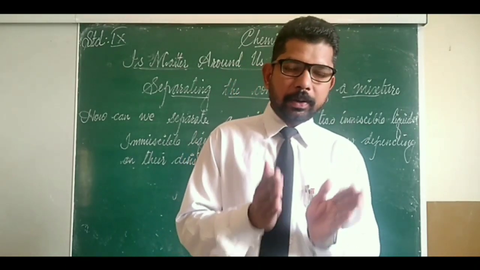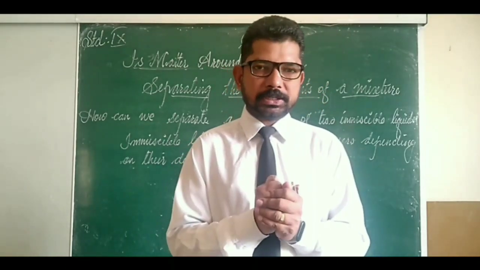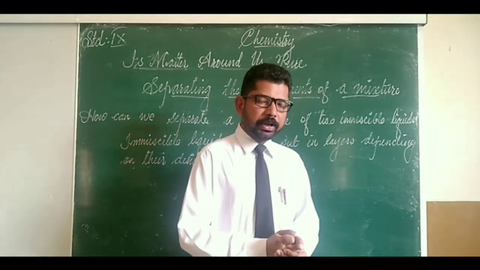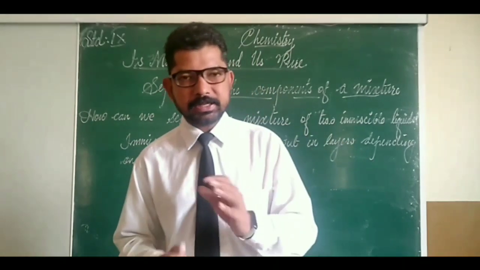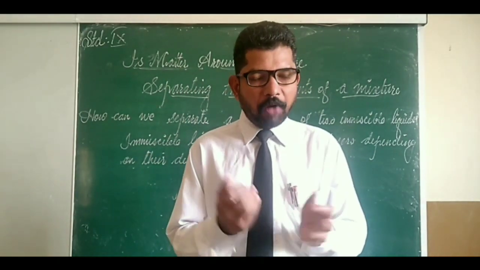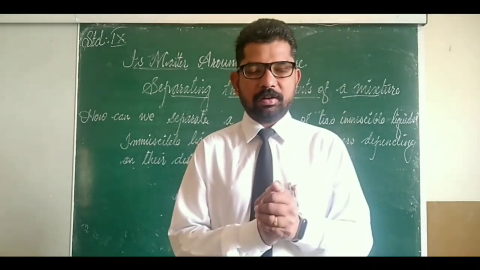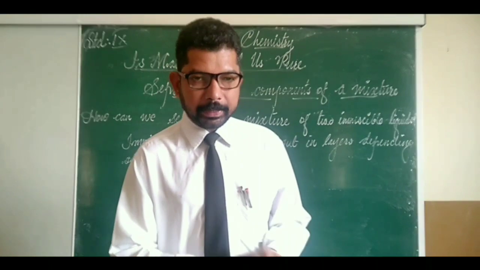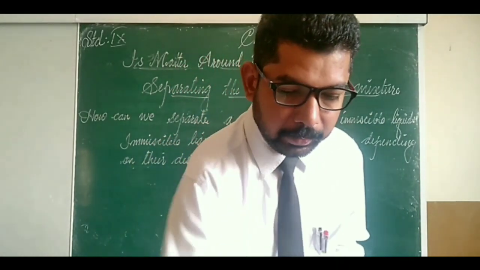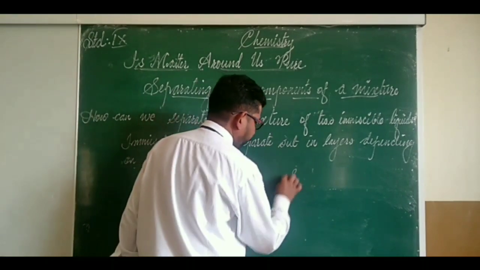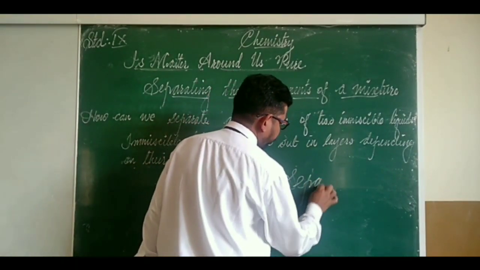How can we separate such a mixture? An example given in our book is kerosene and water. To separate kerosene and water, we need an instrument called a separating funnel.